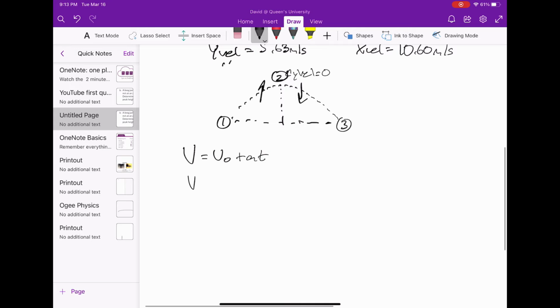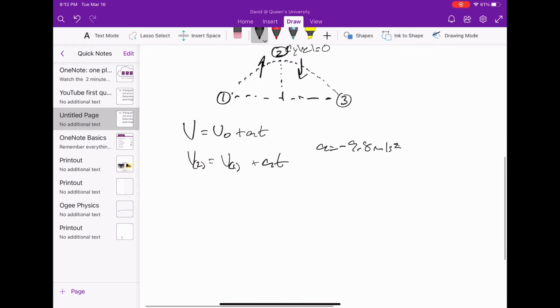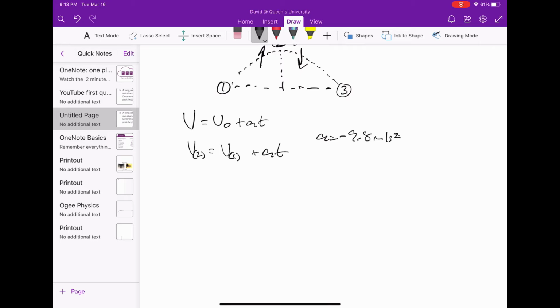So this here will actually be v at point 2 equals v at point 1 plus at. And a is our acceleration due to gravity, and time is time.